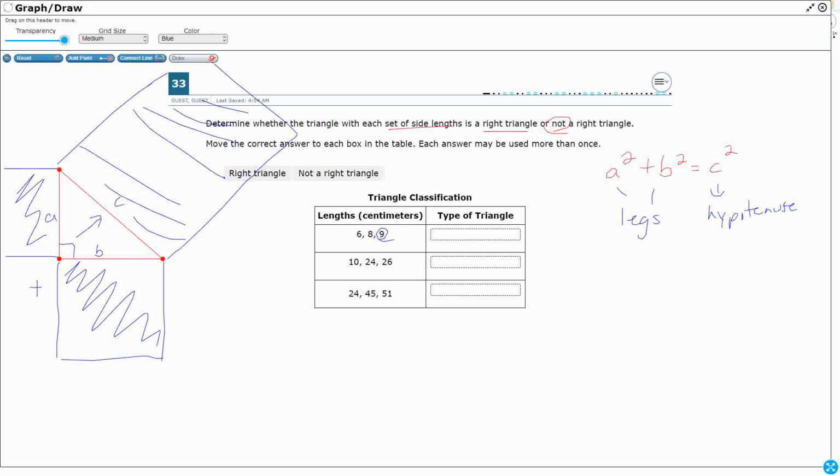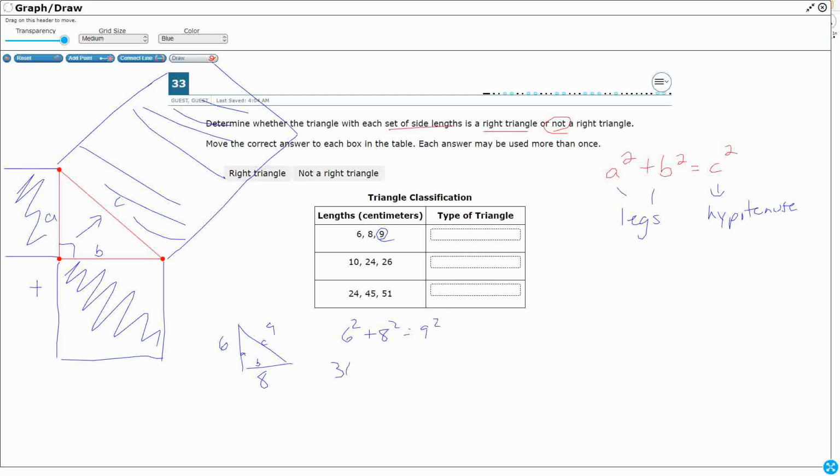So what we should be able to calculate then is, does a triangle that looks like this, is that a right triangle? So my longest side is going to be 9, so that's going to be 6 and 8. So what the Pythagorean theorem is telling me, if this is a and this is b and this is c, we should be able to substitute. Does 6 squared plus 8 squared equal 9 squared?